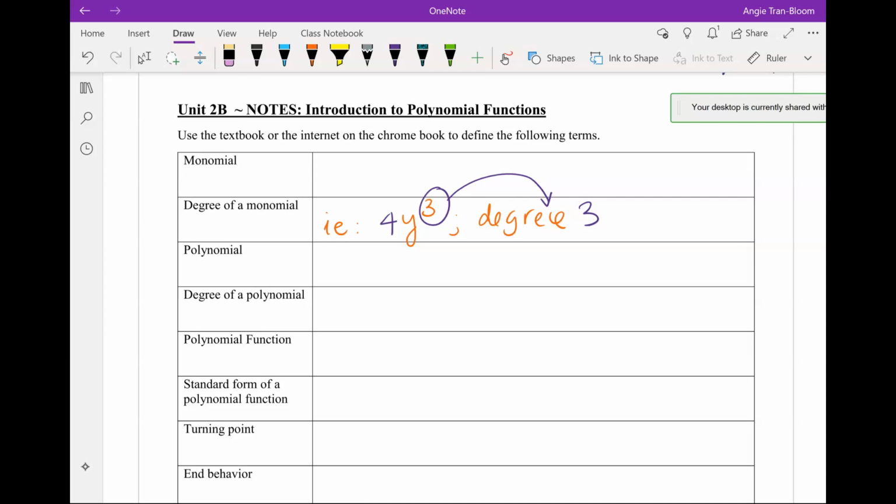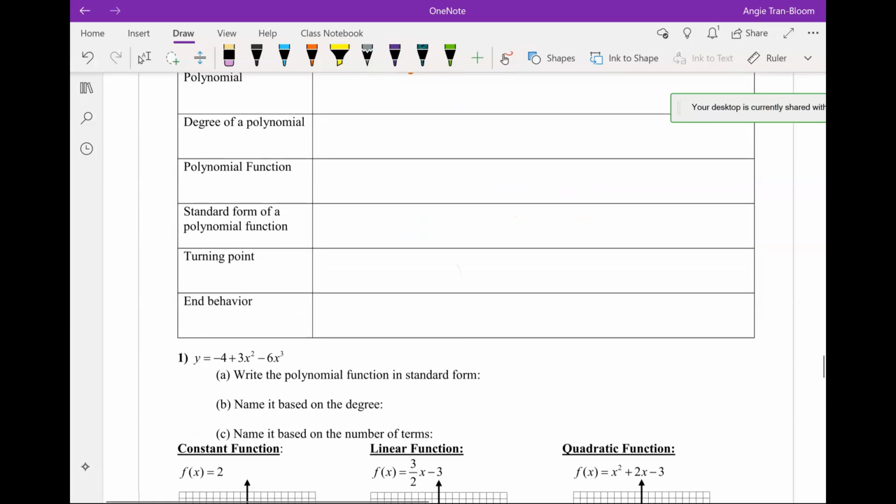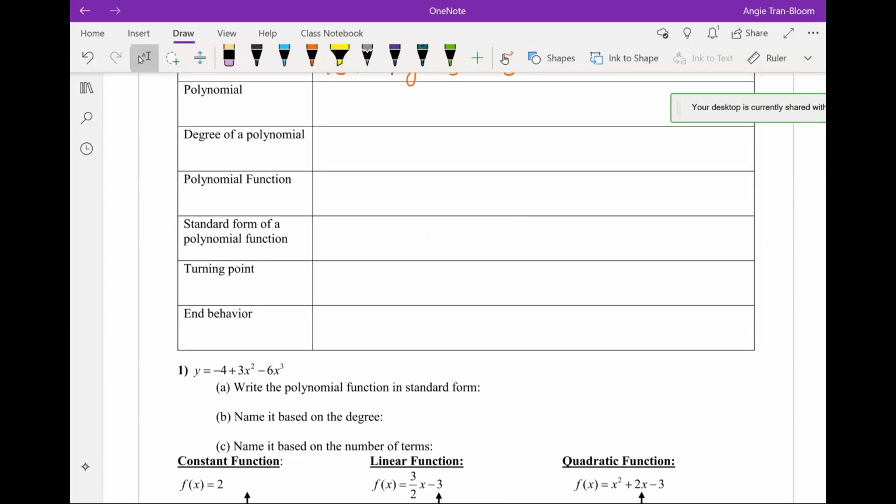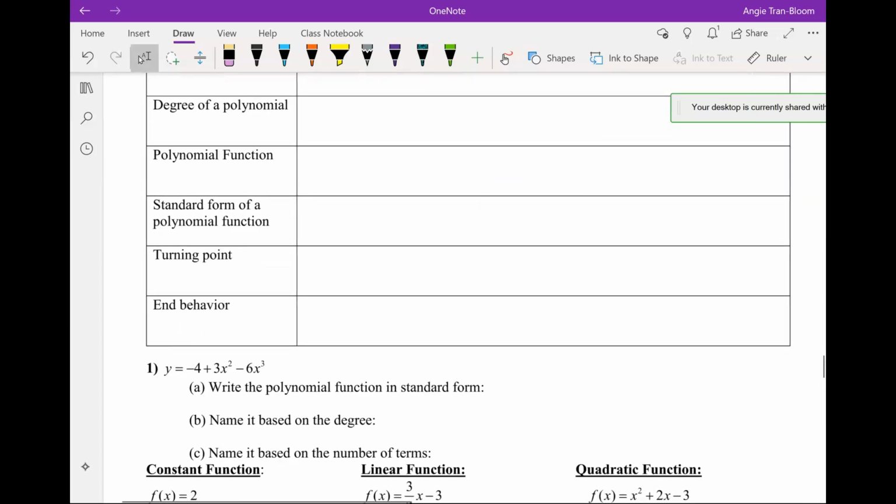Degree of a polynomial. Naomi, what did you write down? The highest of the degrees of its monomials with non-zero coefficients. Good job. Highest degree. That's the term. Okay. Sophia H, what is your definition of the polynomial function? I said a function involving only non-integer powers. Okay. Non-integer what?